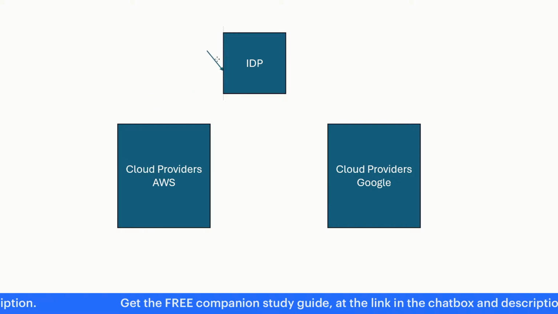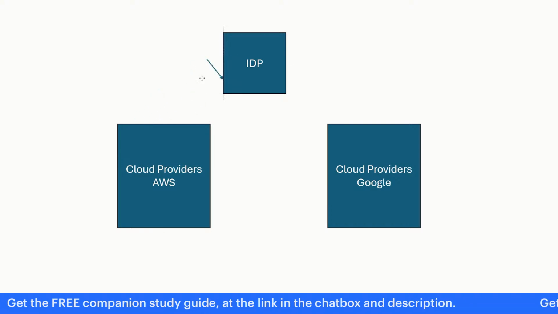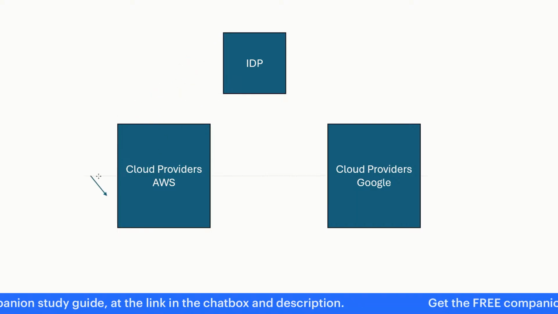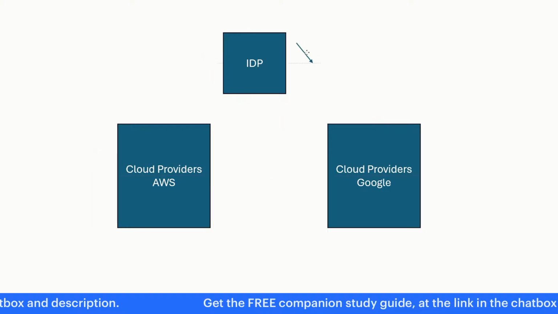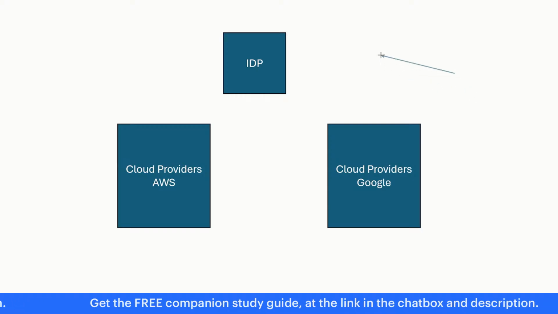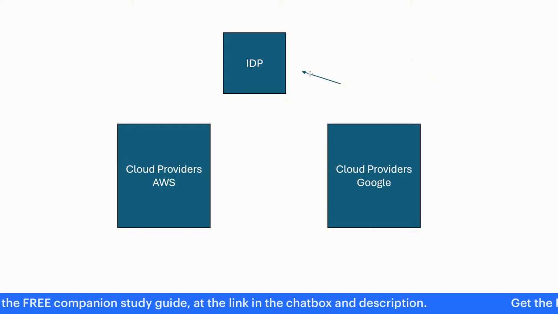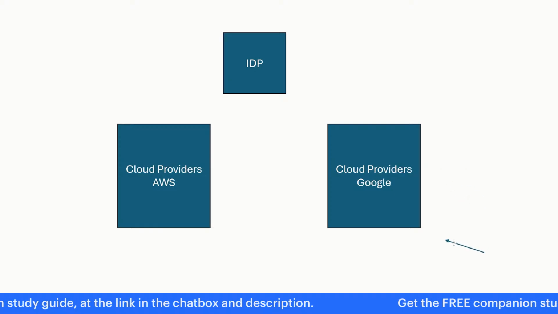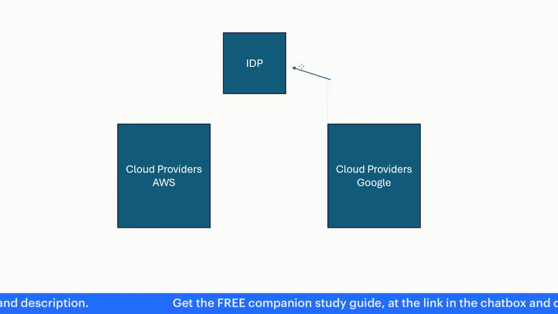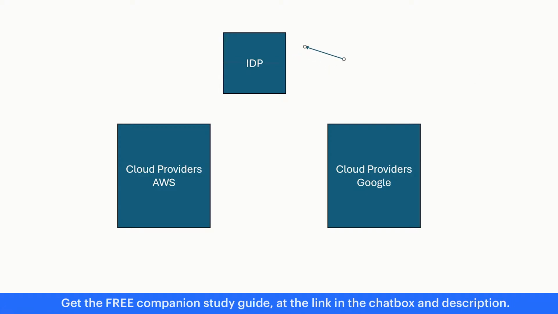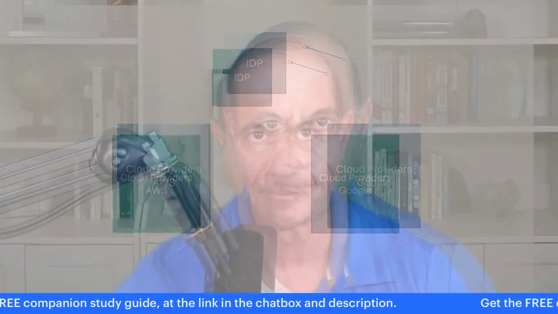You're trusting the identity provider and using their information. If your systems on AWS and on Google both trust the identity provider, you make the changes on the identity provider, and those changes are upheld on all your cloud providers, because the identity provider becomes the source of truth, or the master identity provider.